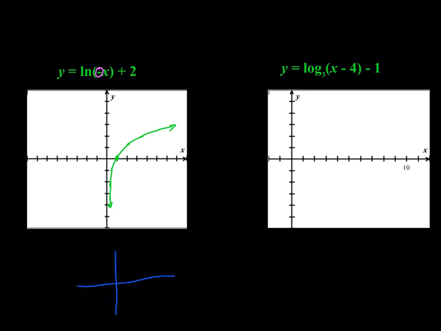So if we take the logarithm graph here and reflect it over the y-axis, that's going to make it go this direction. That also means that this point is going to move to here. It reflects over the y-axis. And we also have to move that point up 2 units, which puts it right here at -1, 2. All right, so -1, 2.